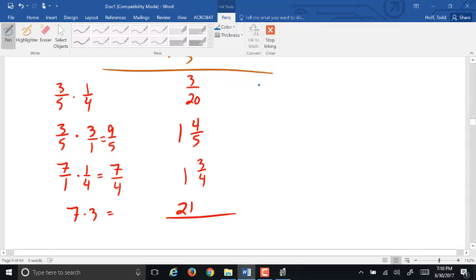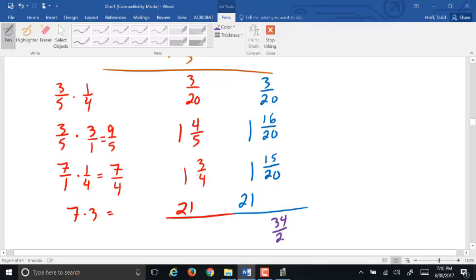Now we have to combine those. We need common denominators. Common denominator is going to be 20. That stays 3/20. This is going to be 1 and 4/5, which is 16/20. This will be 1 and 3/4, which is 15/20. Of course, the 21 doesn't change. We add 3 and 16 is 19, plus 5 is 34/20.